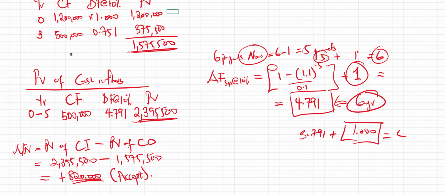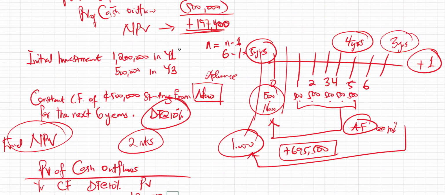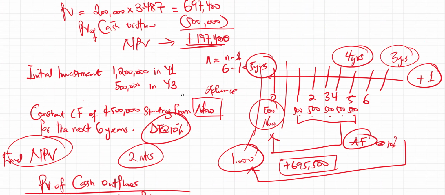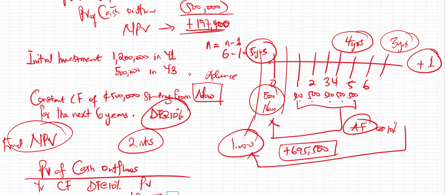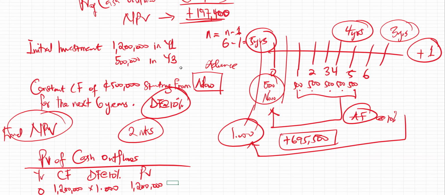There's no other 3 years. It was a specific point in time, not over time. Invest 1.2 in year 1 and 500,000 in year 3. In year 3, I made it specific. The annuity is constant, starting from now for the next 6 years, but this one says in year 3, in 3 years' time. It's a one-off investment at a point in time. This one is over time.